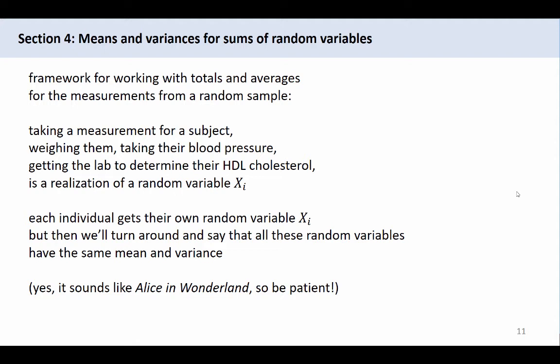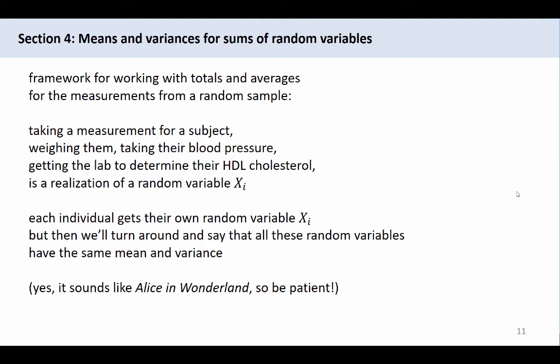We're going to think of any one of these measurements on a subject as a realization of a random variable that we'll denote in general by a capital X sub i. Everybody in the sample gets their own random variable, but then we're going to turn around and say that for a homogeneous population, all these random variables have the same mean and variance.